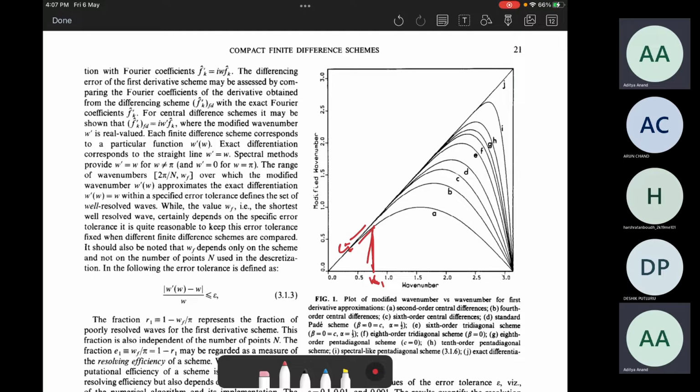We see that the wave numbers resolved increase as we go from lower order methods to higher order methods. So let's look at all these methods here.